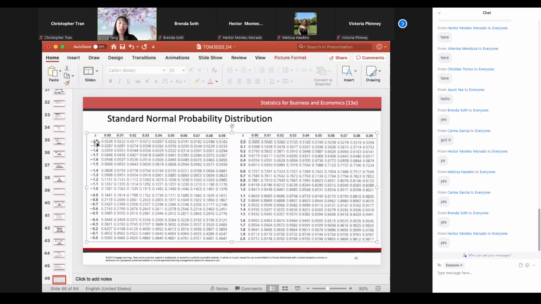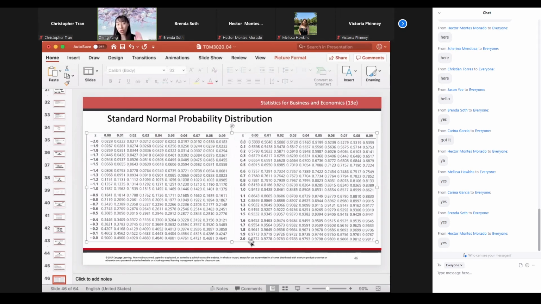So you will see negative 2.0, negative 1.9, negative 1.8, negative 1.7, all the way to 0. And then you will have 0 and then 0.1, 0.2, 0.3, all the way to 2.0.